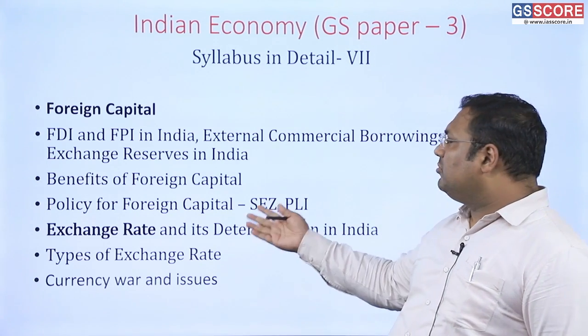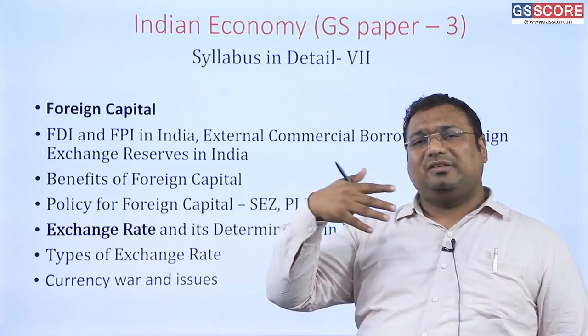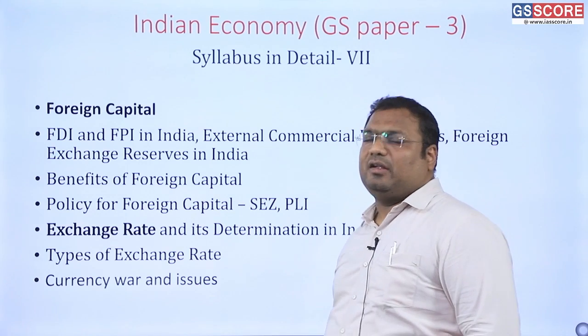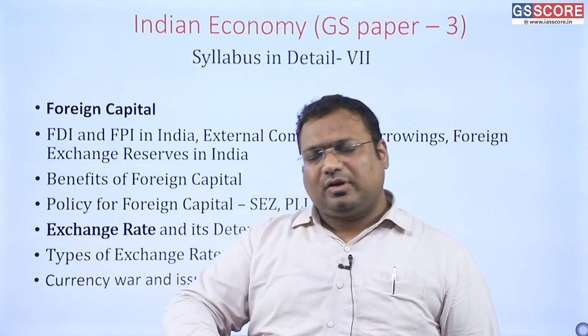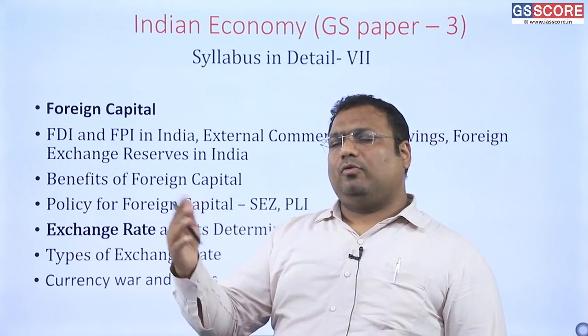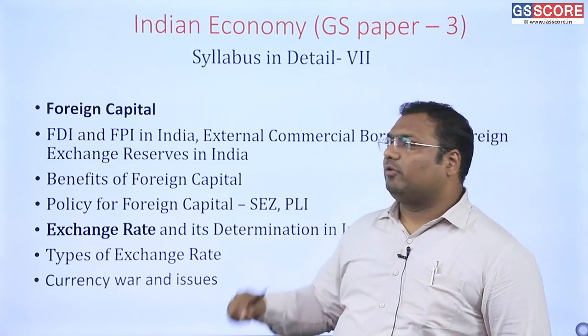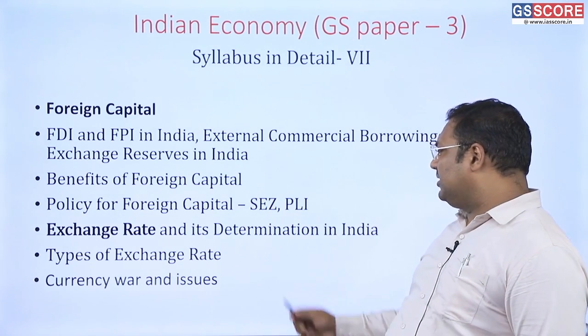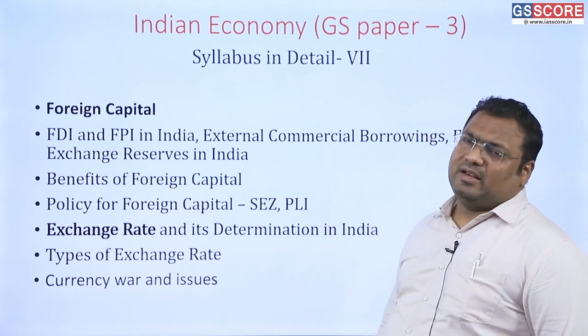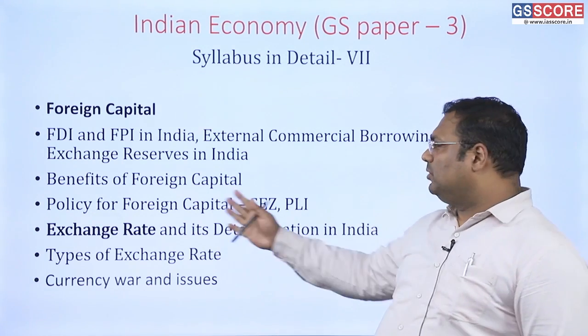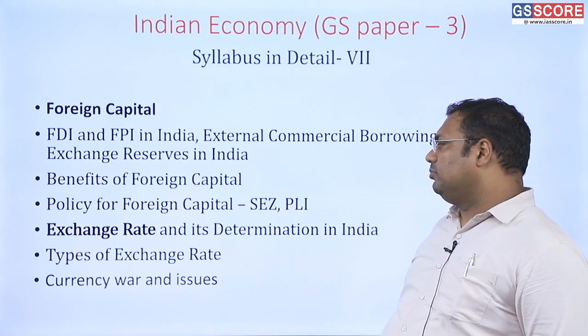We also need to analyze the impact of FDI on India. What are the benefits? What are the disadvantages of all the foreign capital? And then what is our policy for foreign capital? In that we need to study, for example, SEZ, PLI. There are more, but this gives you an adequate hint.